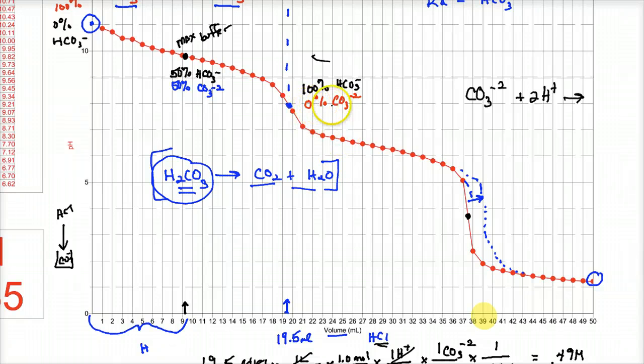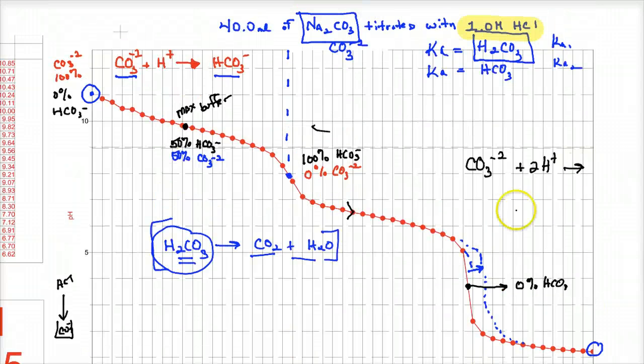If this is 0% CO3 negative 2, and this is 100% HCO3, then as we titrate along this line, we get to the second buffer position, and this represents a place where you have 0% HCO3.